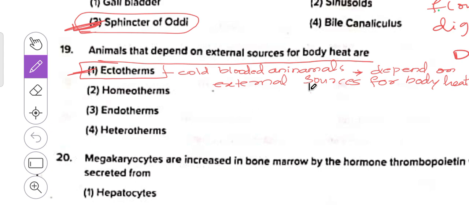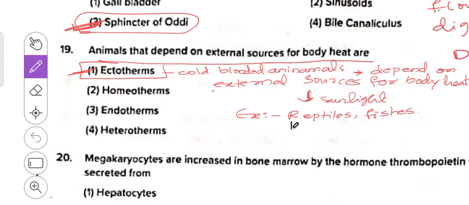This external source may be a heat source, sunlight, etc. Some examples of ectotherms are reptiles, fishes, amphibians, invertebrates, and iguanas.